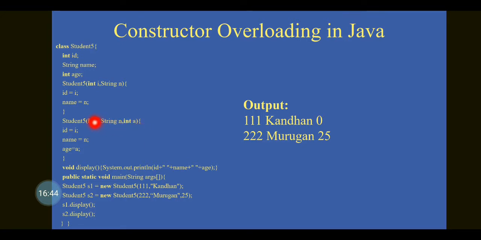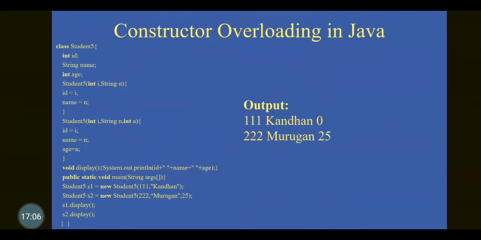Here, as the number of arguments differs, the second constructor overloads the first one. So this is what we call constructor overloading.